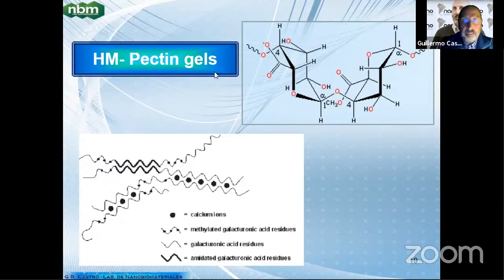Pectin is a polygalacturonate polymer containing carboxylate residues, and in some cases, these carboxylate residues are esterified to produce hydrophobic areas. The carboxylate residues can cross-link with multivalent cations.